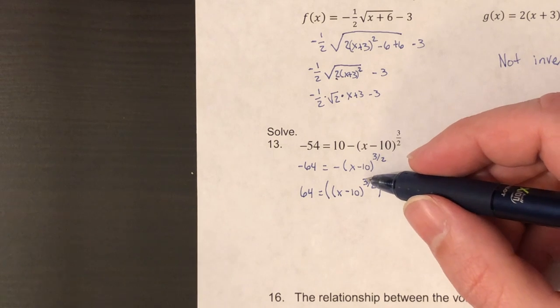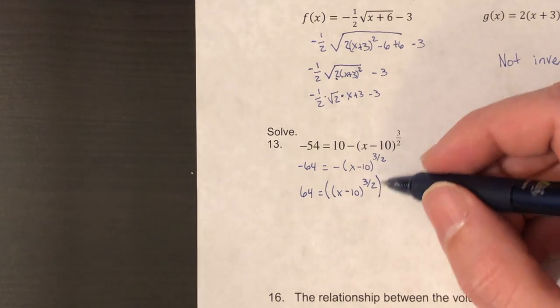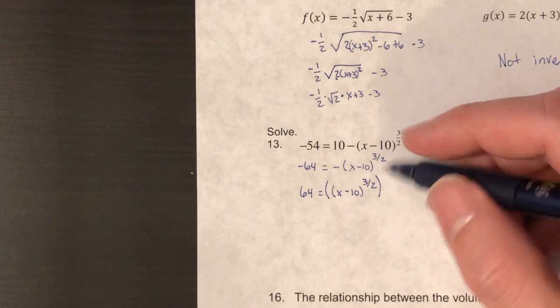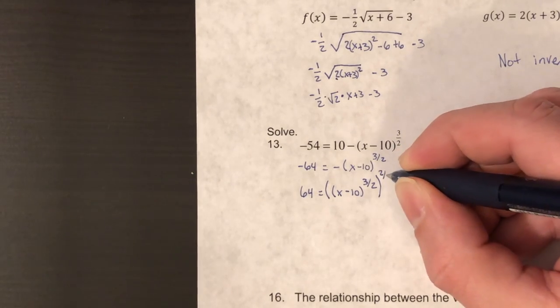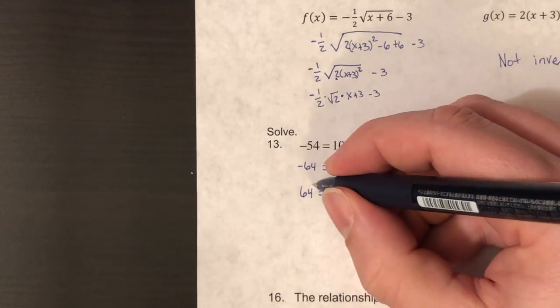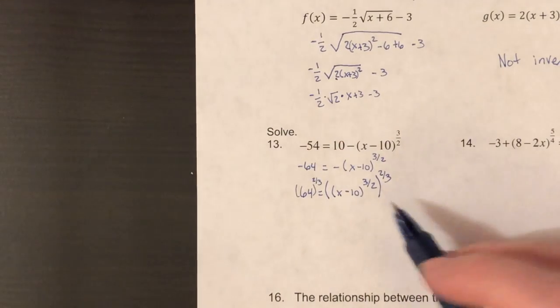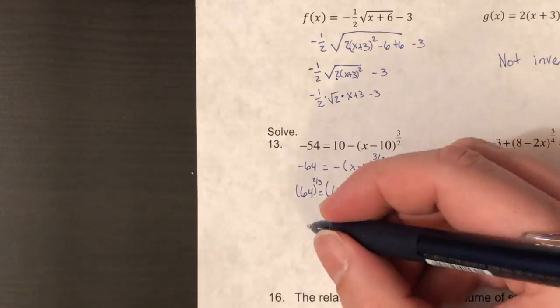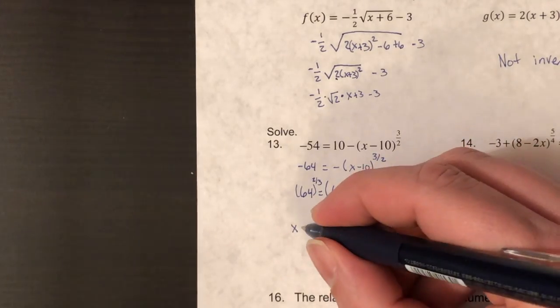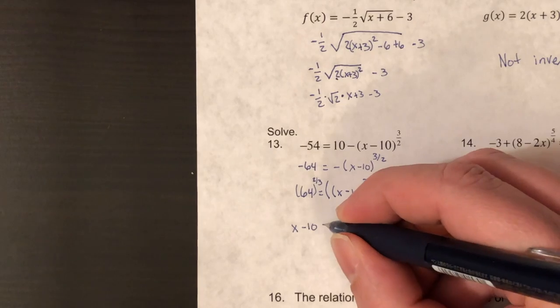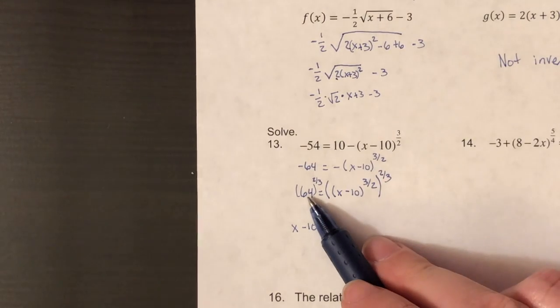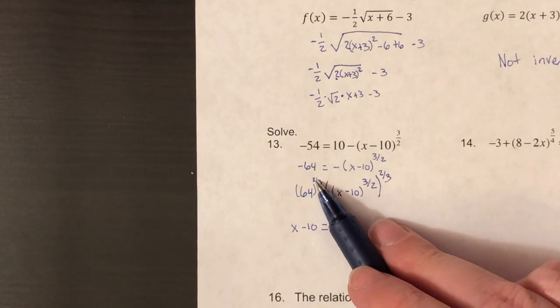Reciprocal power being this fraction flipped. So if I flip 3/2, it's 2/3. So I do that to this side as well. That makes this side go to just x minus 10 equals 64 to the power of 2/3.